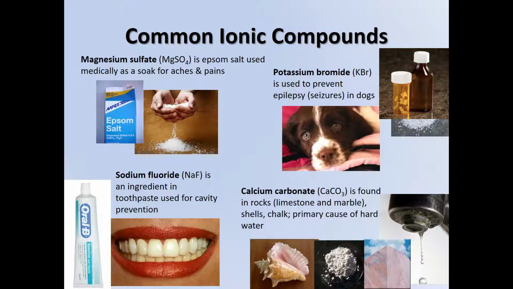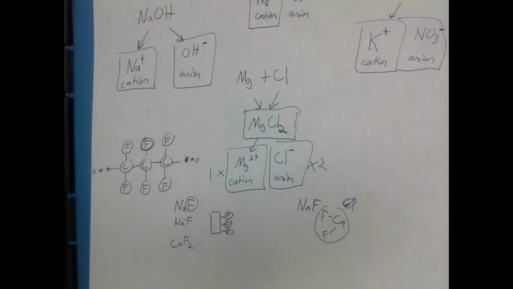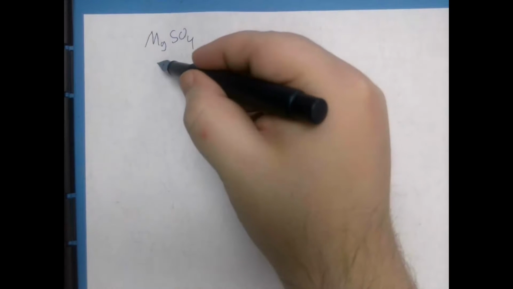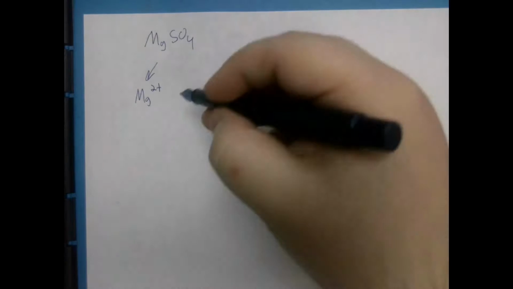So calcium carbonate is found in rocks and limestone. So let's look at these two now. Do a little bit of analyzing. So magnesium sulfate. We know that magnesium is a 2+ ion.